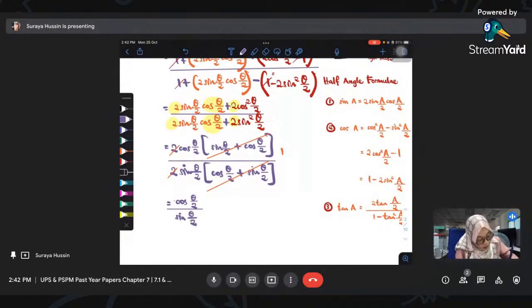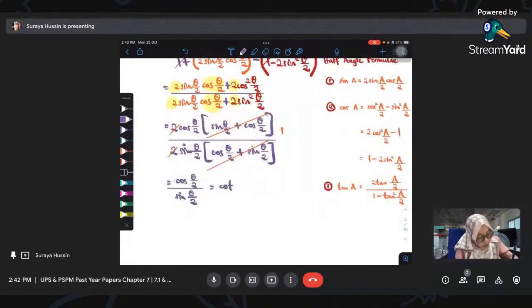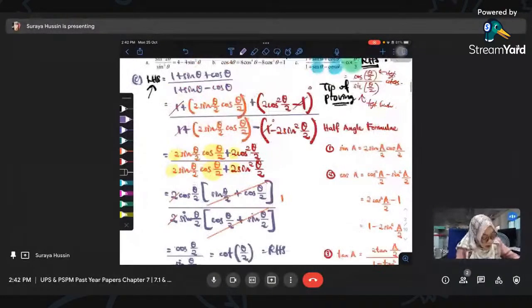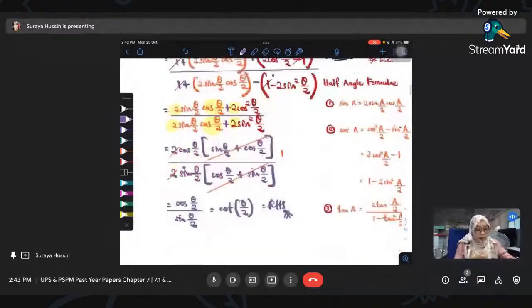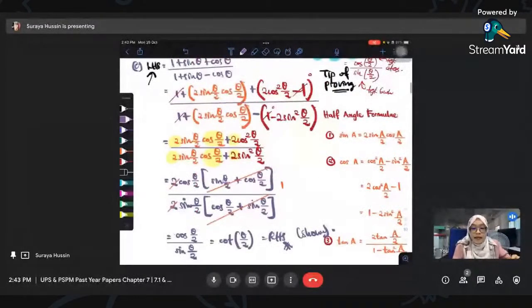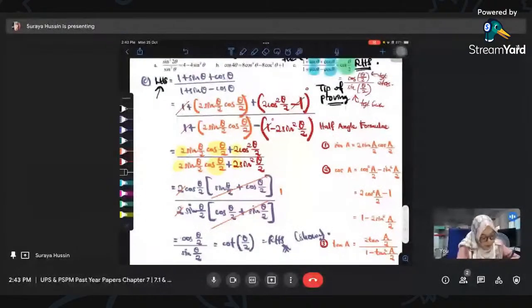And here goes your answer, iaitu cotangent theta over 2, which is your right hand side. And then you put shown. So that is how you play with half angle formula. Okay. Sorry about that.